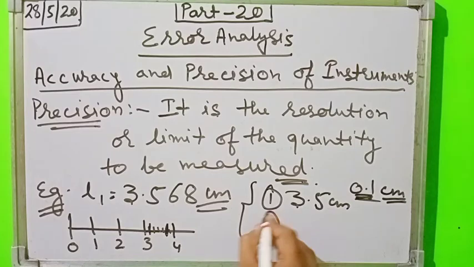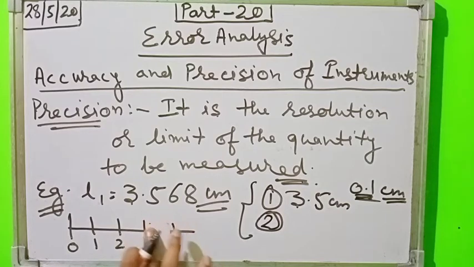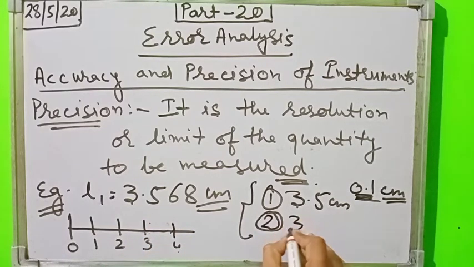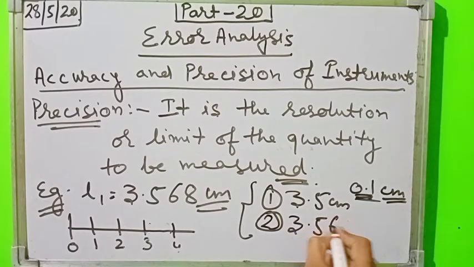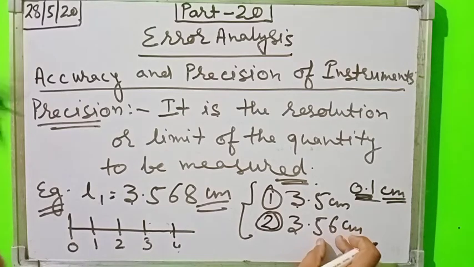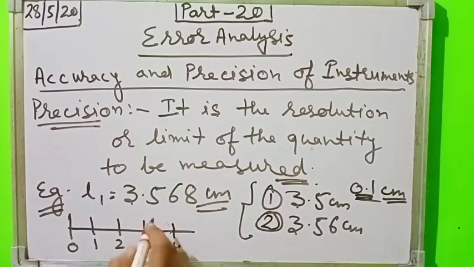Again, second thing is, you had taken another instrument, and that instrument measures its value as 3.56 centimeter. Means up to 100th decimal place, whereas here up to 10th decimal place.